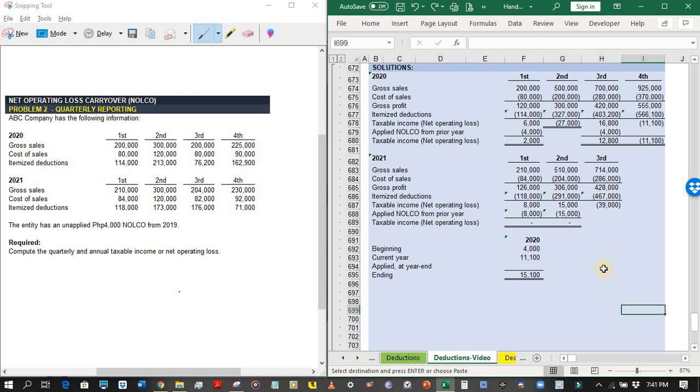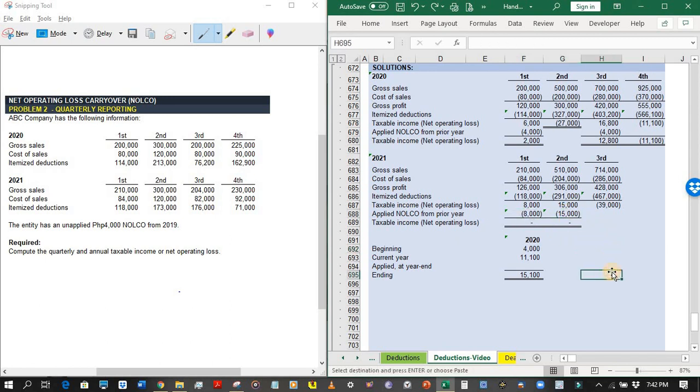So which means that the results of operation during the third quarter reverses the taxable income during the first quarter and the second quarter. Because if you notice that the gross sales during the third quarter is significantly lower compared to the second quarter or the first quarter, that is why we have a net operating loss. It means that if the 39,000 net operating loss covers the period starting January until September 30 of 2021, it means that there should be no NOLCO applied during the first quarter and second quarter.